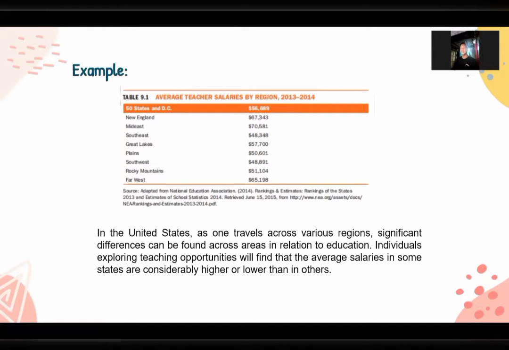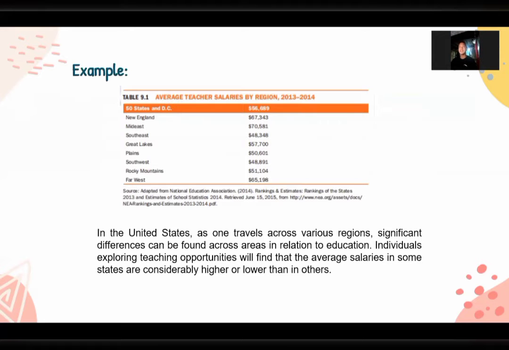In the United States, as one travels across various regions, significant differences can be found in relation to education. Individuals exploring teaching opportunities will find the average salaries in some states are considerably higher or lower than others. As we can see in this table, these are the different wages teachers gain in various specific regions.